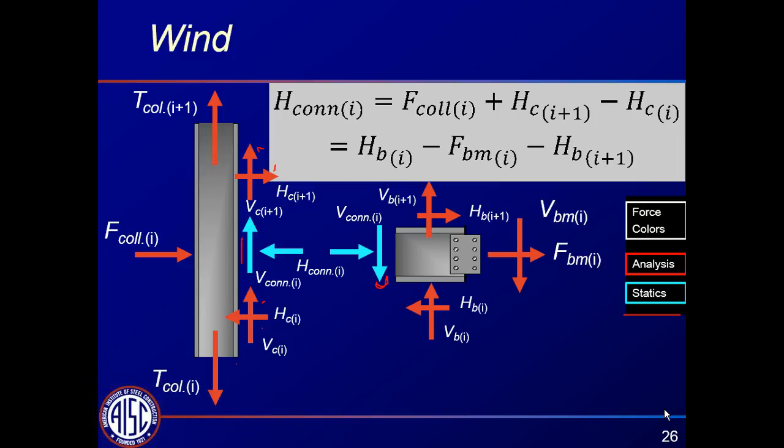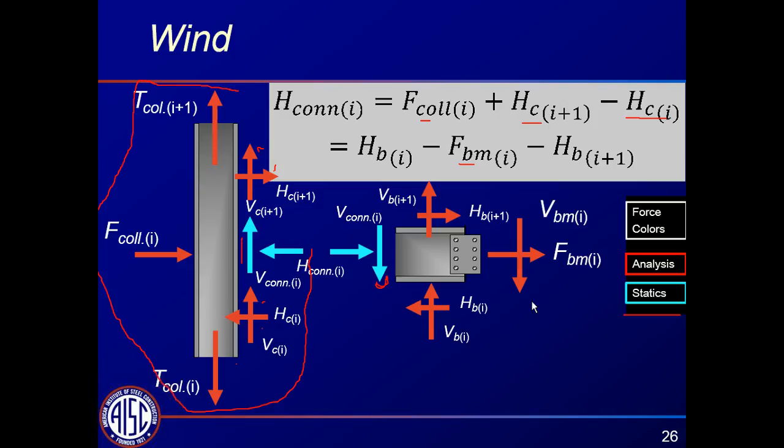So here's the sum of the forces in the horizontal direction using just this free body diagram. So we have the collector force, we have the horizontal force from the level above, the horizontal force from the level below, we have the beam force, and we can solve for H connection.